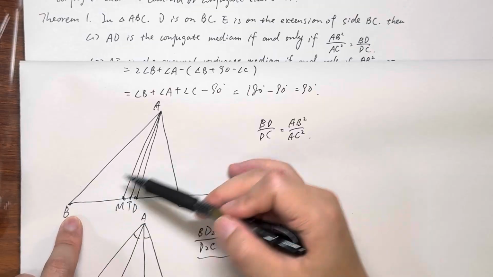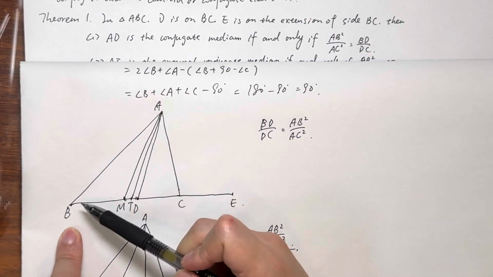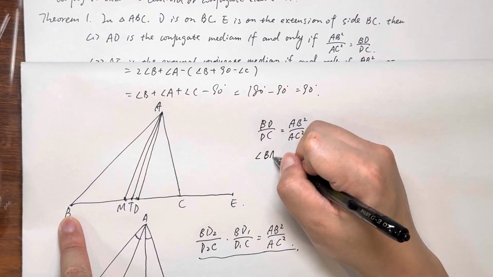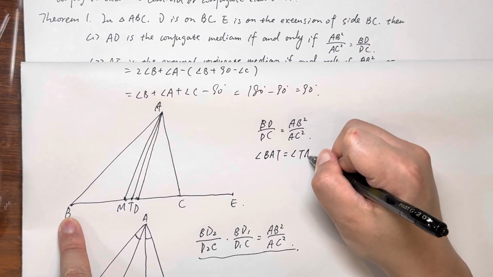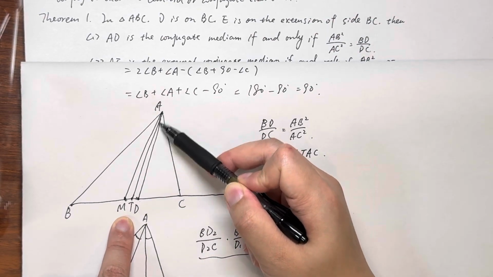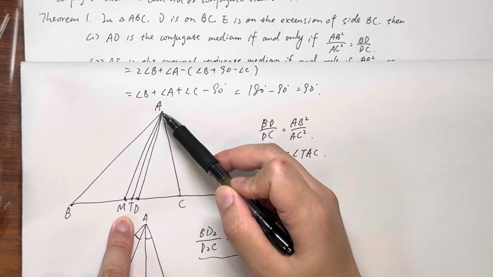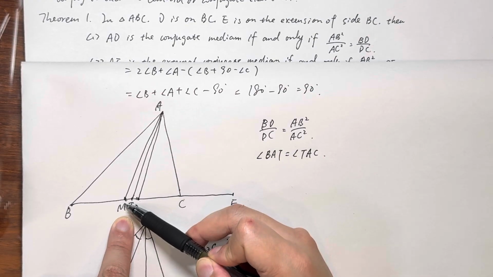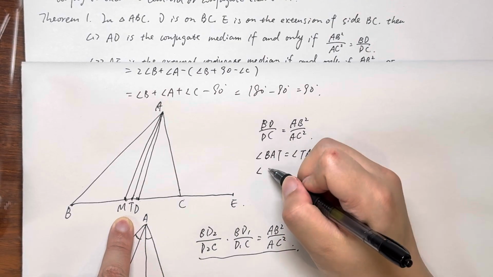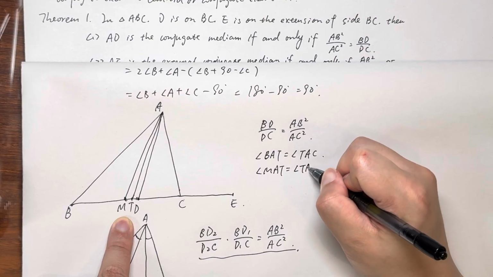Because AT is angle bisector of angle BAC, right? So we know that angle BAT equals to angle TAC. And because AD is symmetrical to AM on AT, right? That means angle MAT equals to angle TAD.